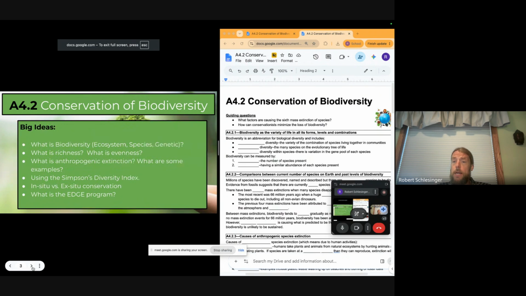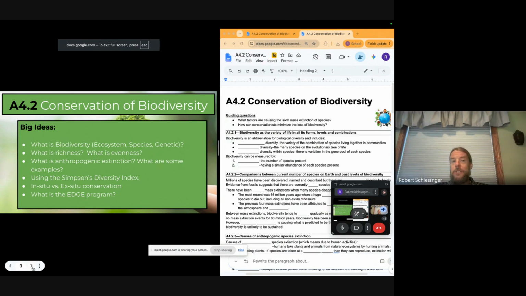The first one we'll talk about here in a couple seconds, and that's just what is biodiversity. And biodiversity is an abbreviation for biological diversity, but it really has 3 main pillars. And we'll talk about those 3 pillars and how they're different from one another. And then we'll get into how we measure or quantify biodiversity using a tool called the Simpson's Diversity Index, and how that relates to species richness and evenness.